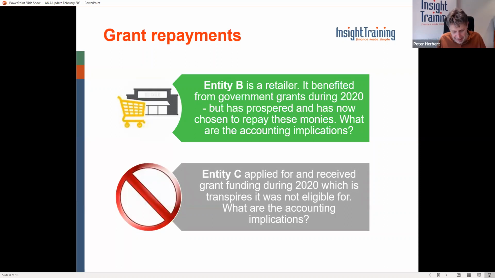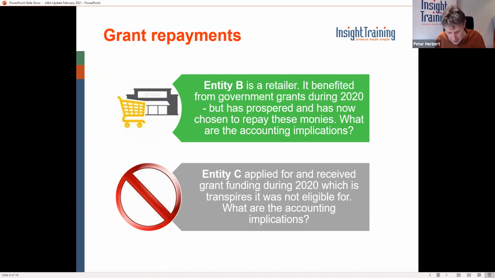And as with scenario B, if at the year end there's an obligation to repay the funding, in this case because it wasn't entitled to it in the first place, then you would recognise that obligation in the balance sheet the same way that you would if you were entity B. I think the big difference with entity C is that if it transpires it was never eligible for the grant funding in the first place, then it should not have recognised the grant funding in the first place, and there was therefore a material error potentially in the previous year's accounts when that grant income was recognised.